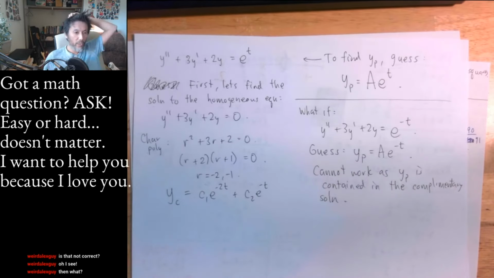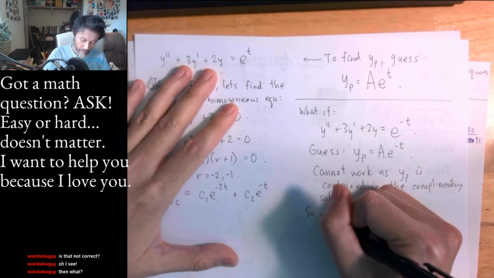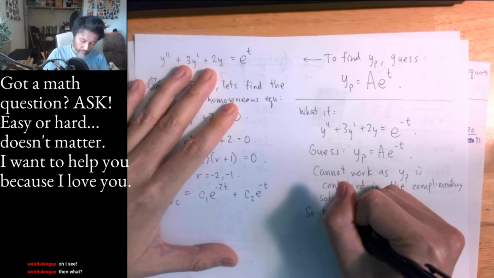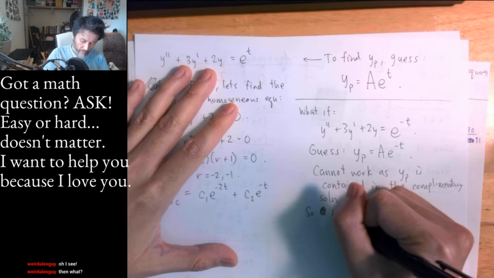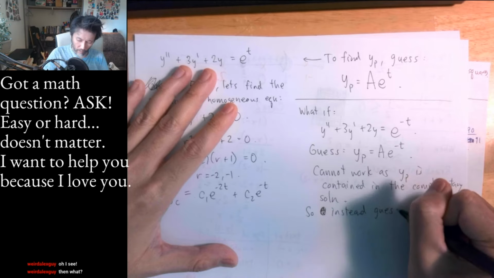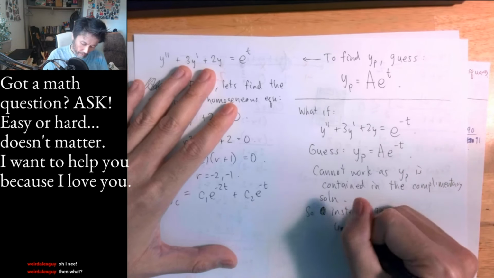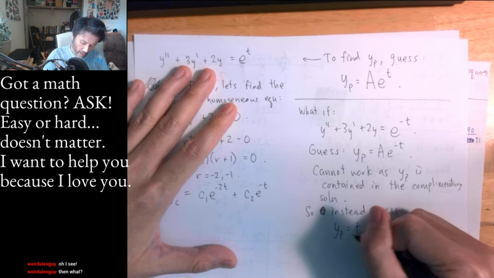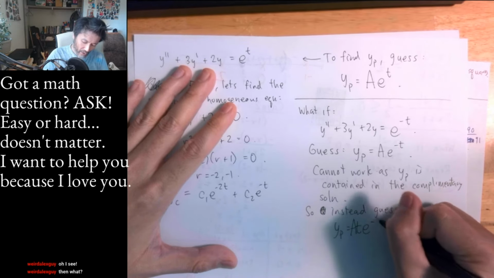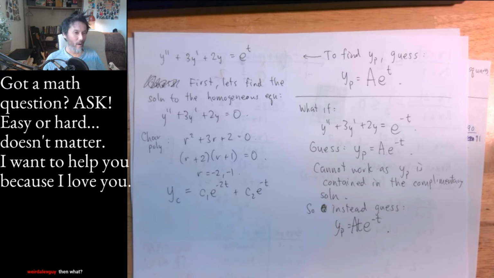So the solution in this case is to instead guess a t e to the negative t. Just put a t on it. Tack a t in front. And try that.